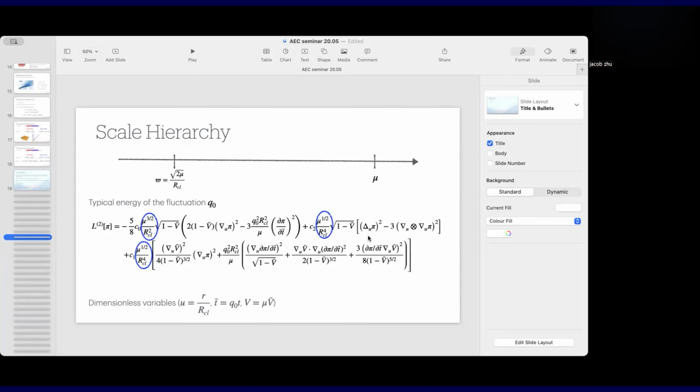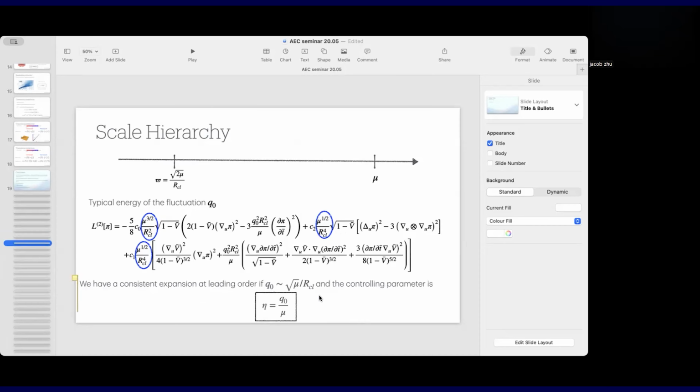Here is the expansion, as I said, of the action quadratically in the field. And in order for the expansion to be consistent, this needs to be of the same order, and that leads to a hierarchy. So this one is leading compared to the two, C1 and C2. They contribute at the same order, actually. Maybe that's not obvious. But for this, you need the following scaling.